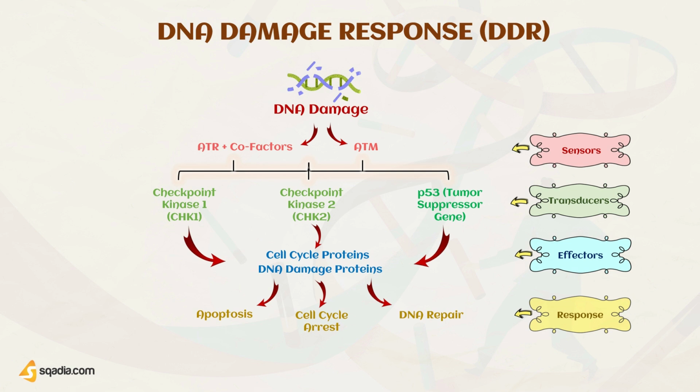Note that there can be many variations and additional factors in the DNA damage response pathway, depending on the type and extent of the damage, as well as the specific cell type and organism.